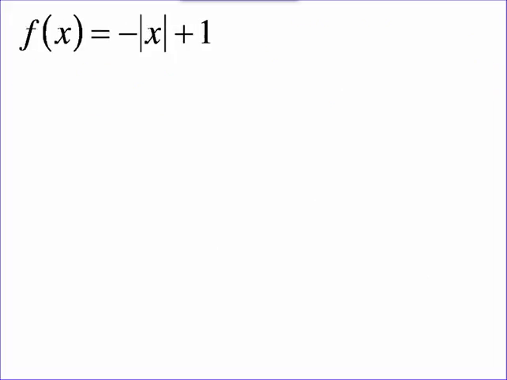Okay, so let's go ahead and look at another one. Now this one you're going to have to enter in. Y equals negative ABS of x, and then add it to 1.